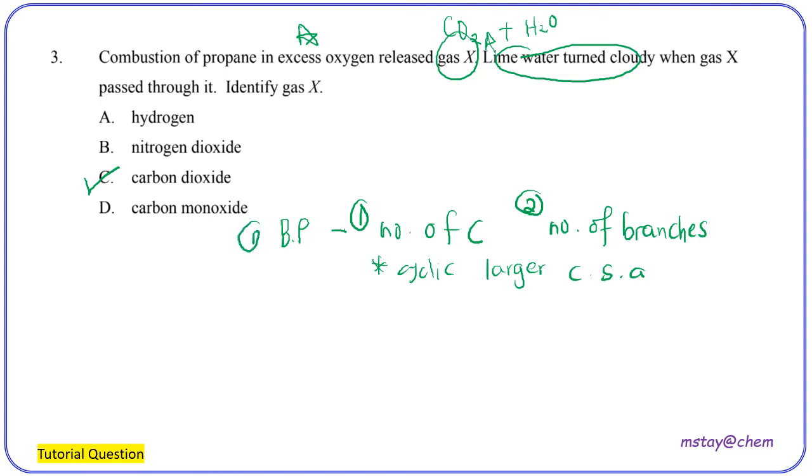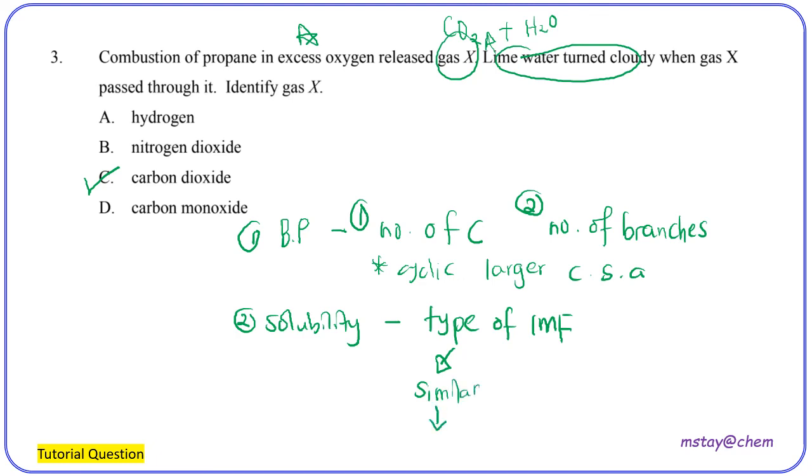Next, we discussed the solubility as well. In solubility, basically we check the type of intermolecular force. If it is similar, they are soluble in each other, or mix well together, and only one layer will be seen. If the type of intermolecular force is different, it means it is insoluble, so two layers will be seen.